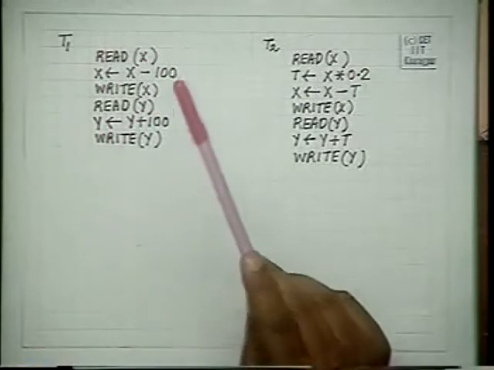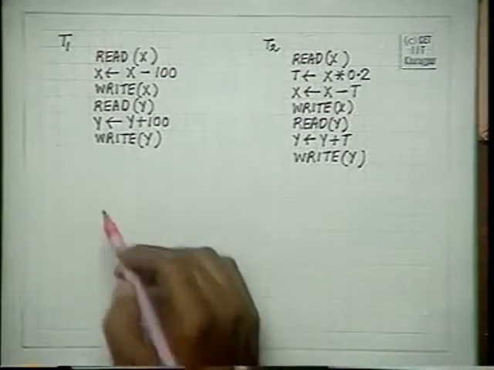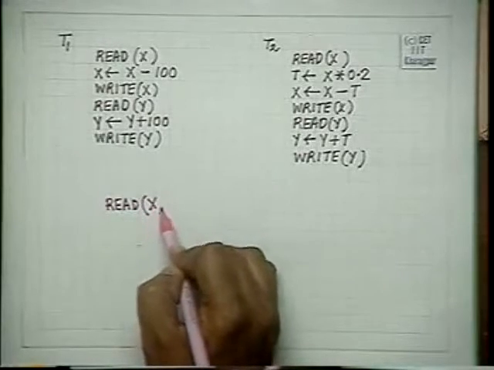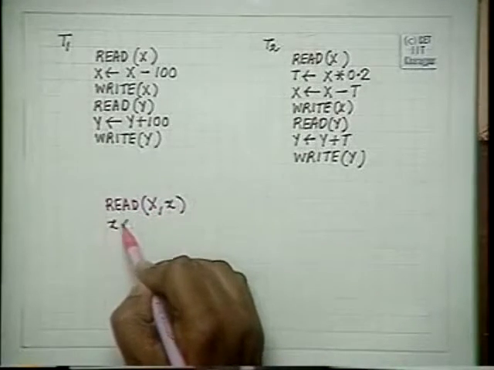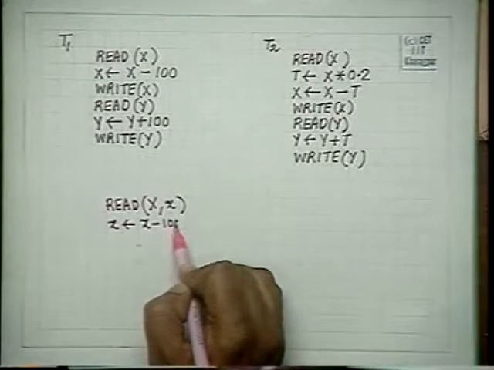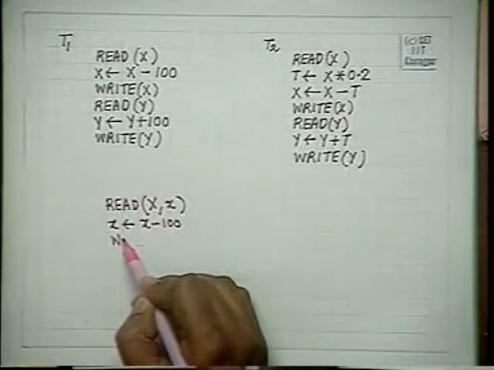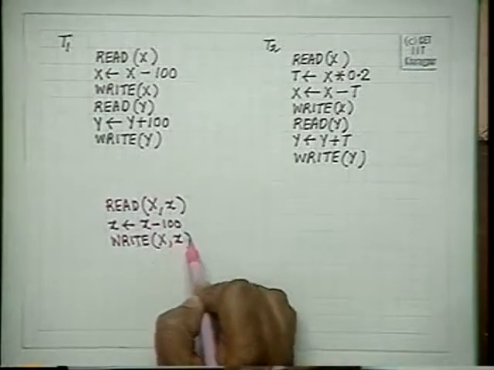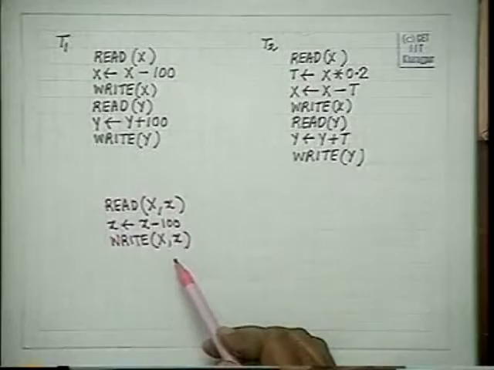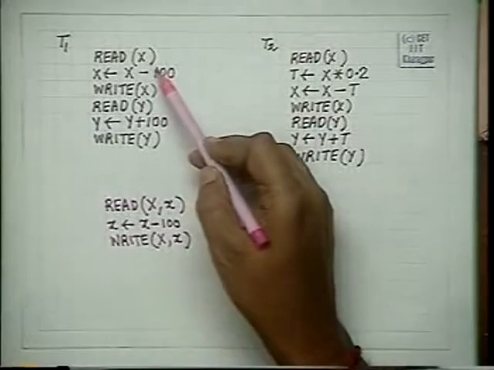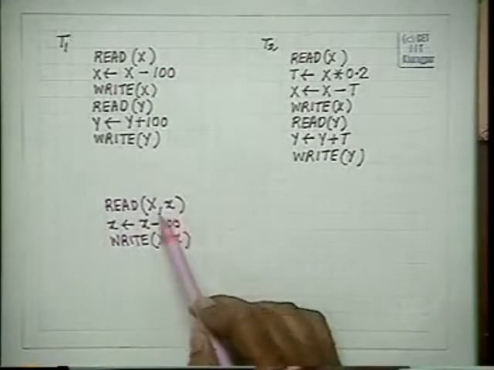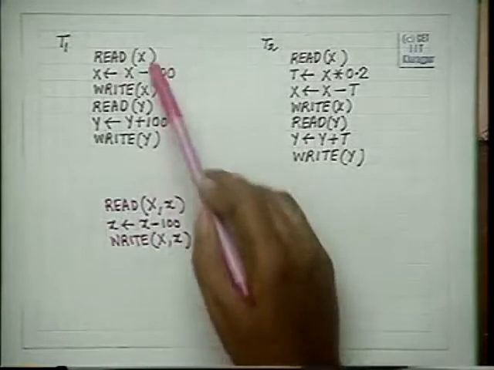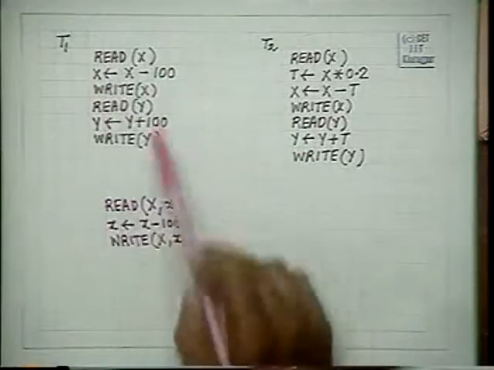As we have studied before, it should actually be read x comma x. But since we are doing it often, and just to avoid writing it out so many times, by default when we write this we mean this, and when we write this we mean this.